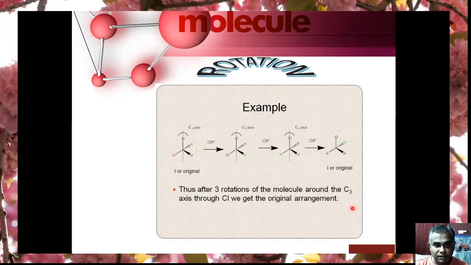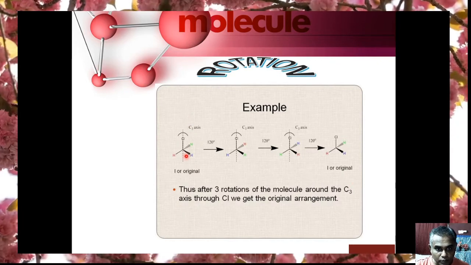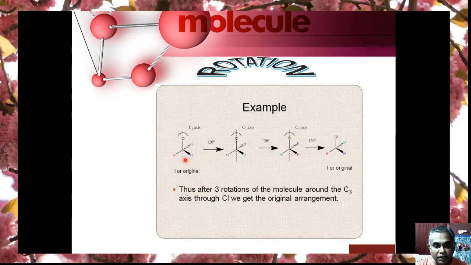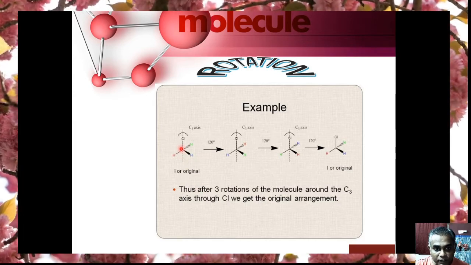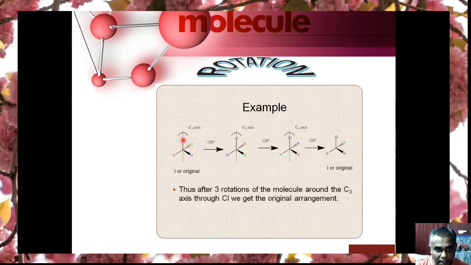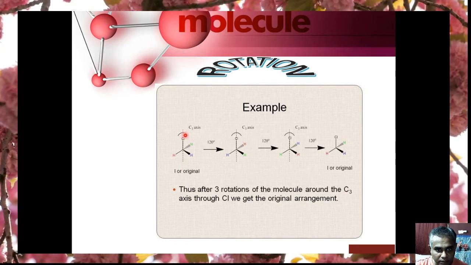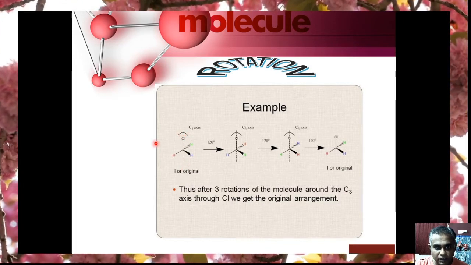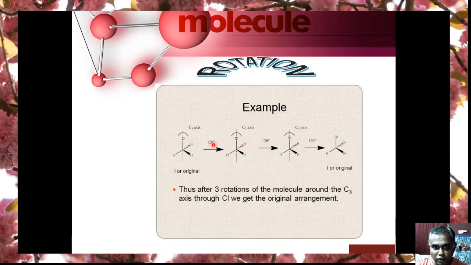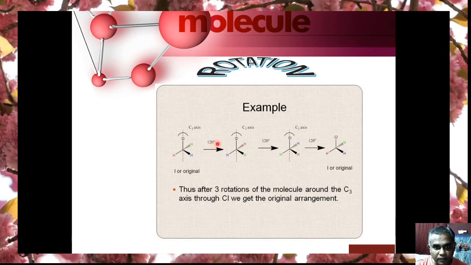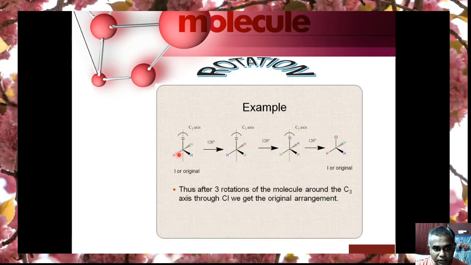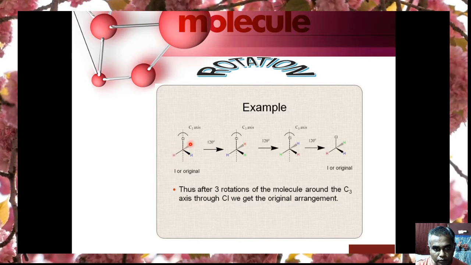Let us take an example. Let us take this molecule, which is methyl chloride. Now, this methyl chloride can have an axis which passes through the chlorine atom, and if you rotate this molecule at an angle of 120 degrees, you can see the hydrogen which is present originally here moves here.